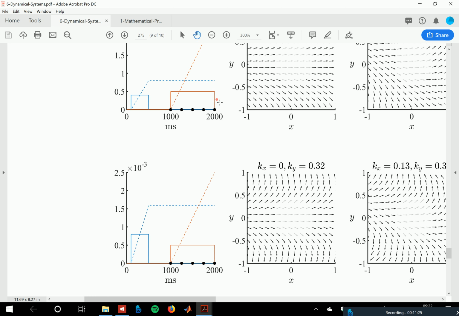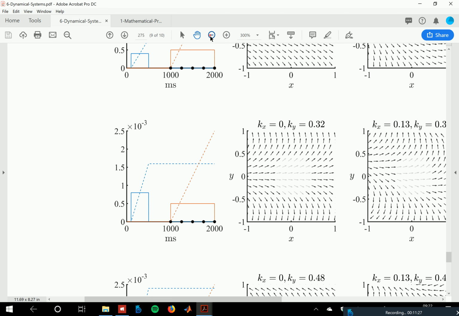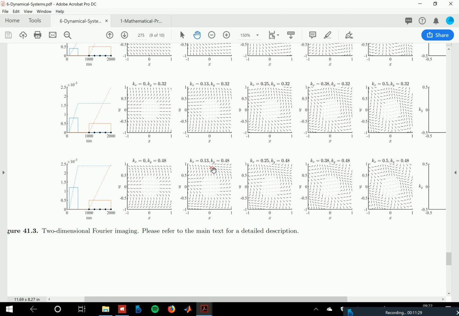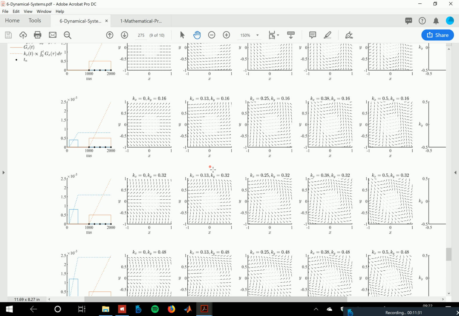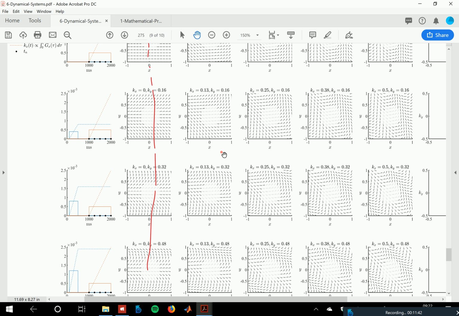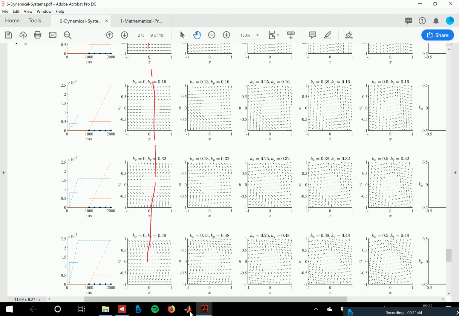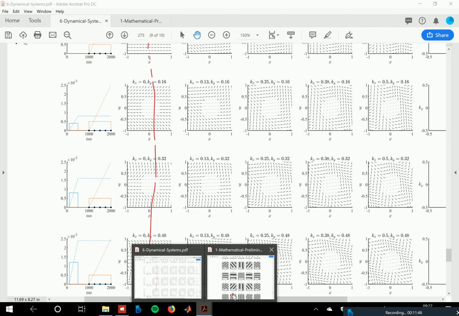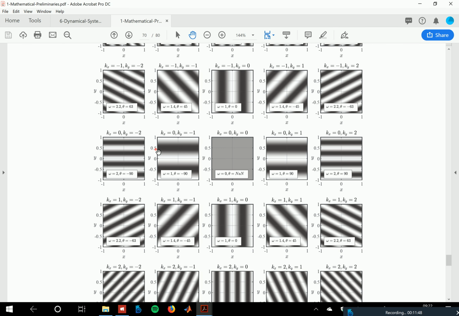In any case, if you look at this for these 4 time points, down this row here, you see that there is this vertically aligned pattern of filters of increasing frequency.